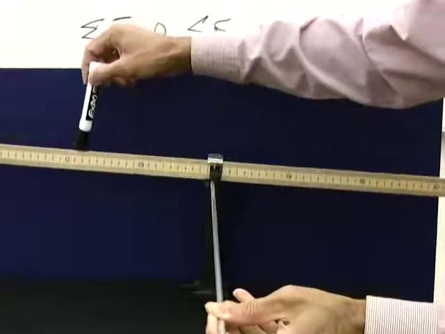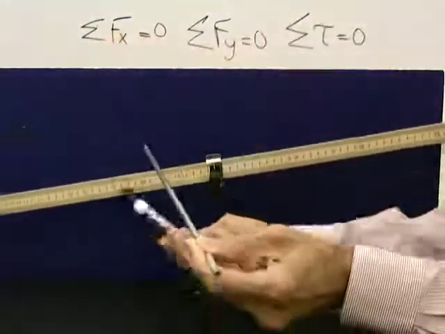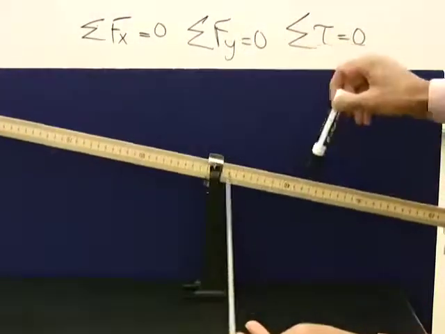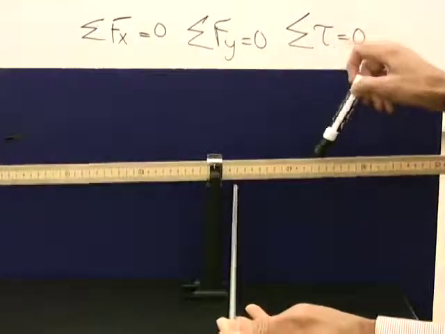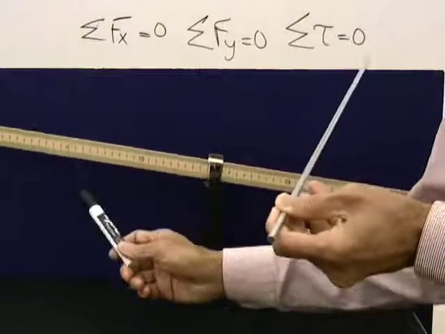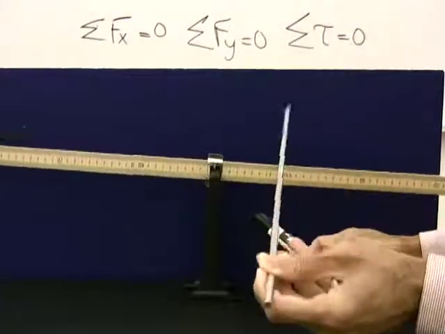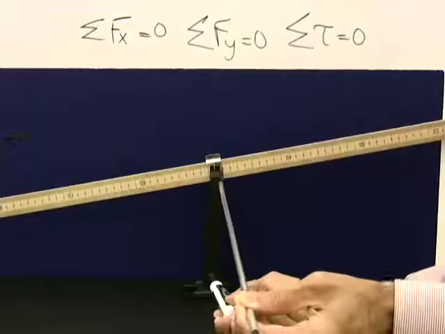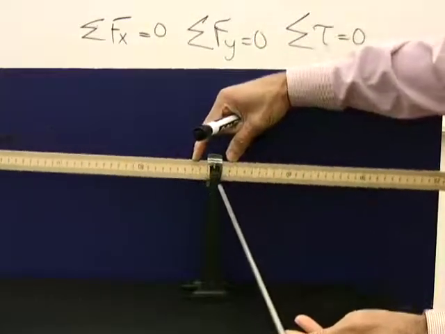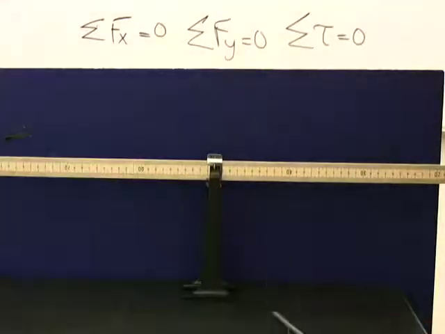So this force produces a positive torque, whereas the force on the right will produce a clockwise torque. So a counterclockwise torque is positive and a clockwise torque is negative. And when there is rotational equilibrium, as we have now, that means the sum of all the torques acting on the rigid object is 0.